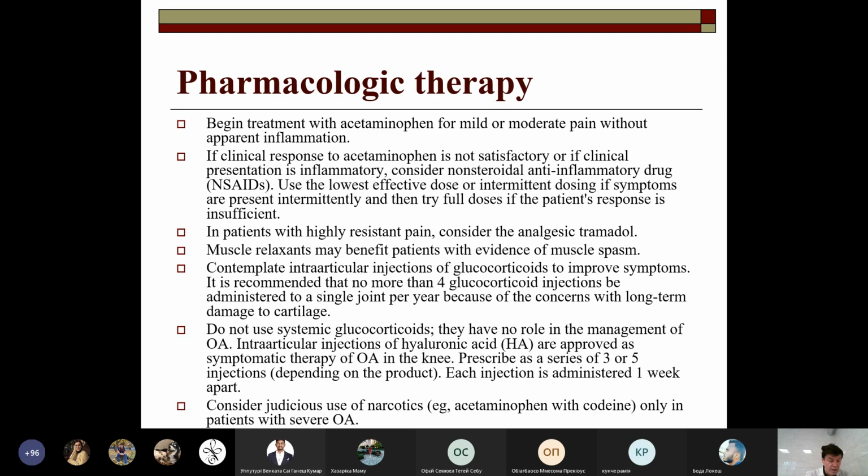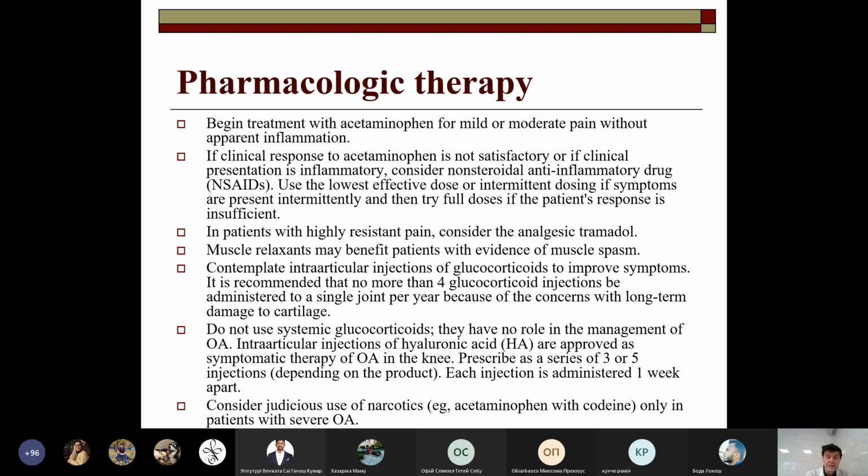So what about pharmacological therapy? Pharmacological therapy is quite effective, especially when we begin therapy with analgesics and non-steroidal anti-inflammatory drugs. Because acetaminophen has the optimal cardiovascular profile, it is recommended generally for patients having mild to moderate pain without apparent inflammation.